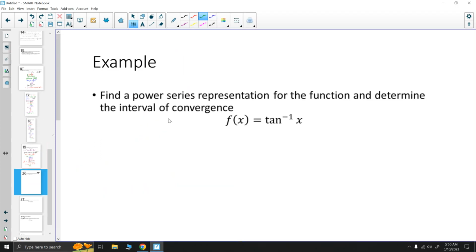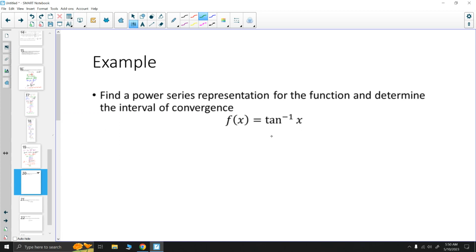Find a power series representation for the function and determine the interval of convergence. In this one, f of x is equal to tangent inverse x, or arctangent x, whatever we want to call this. You might go, shoot, I don't know how to write tangent as a 1 over 1 minus something.